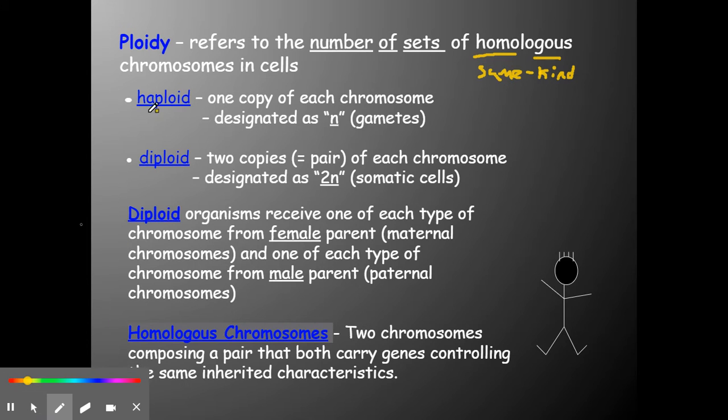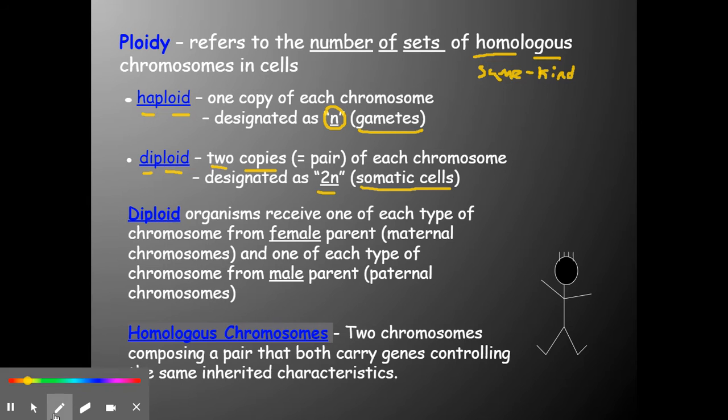It refers to a set. Haploid is a single copy. N is the number of chromosomes in that set. Diploid is a 2-copy cell, also referred to as a 2N cell. Your somatic cells, or body cells, are diploid. Your gametes are haploid.